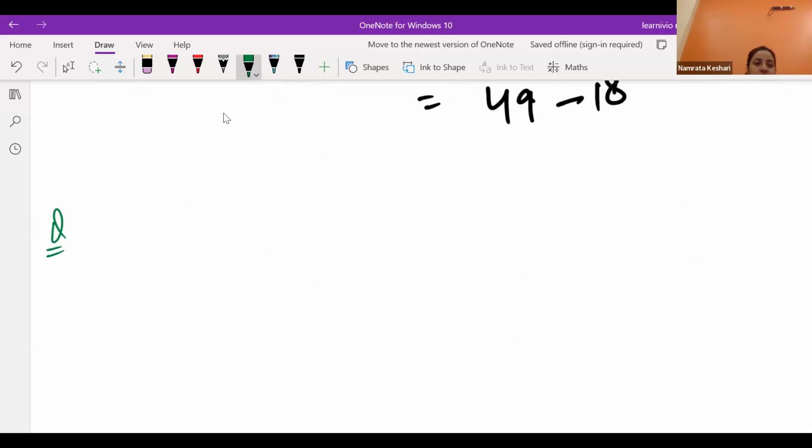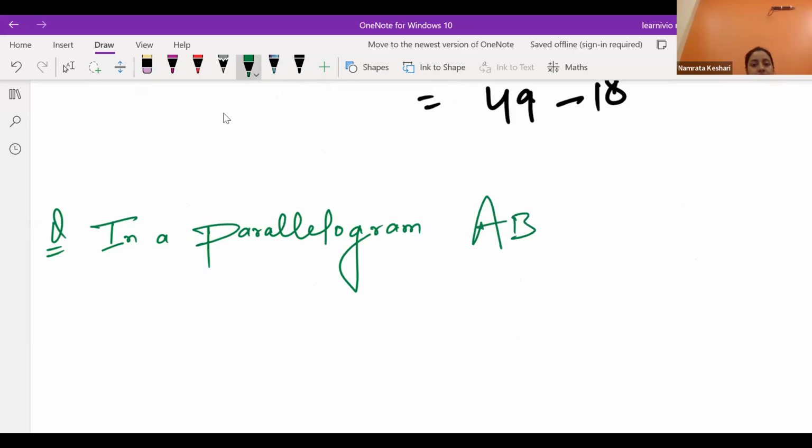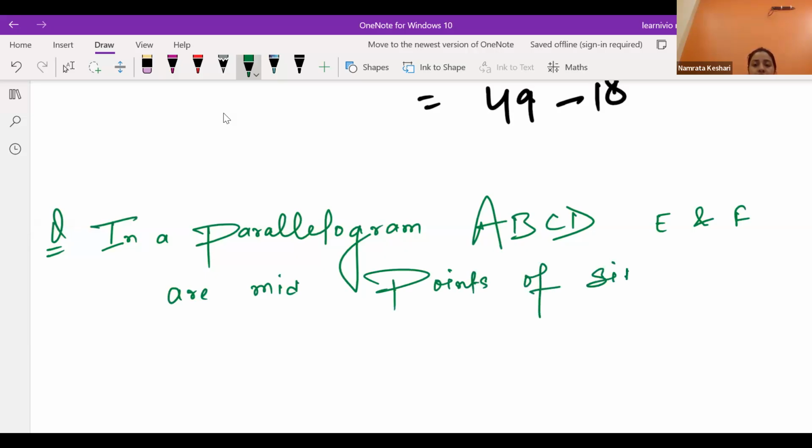In a parallelogram ABCD, E and F are the midpoints of sides AB and CD respectively.